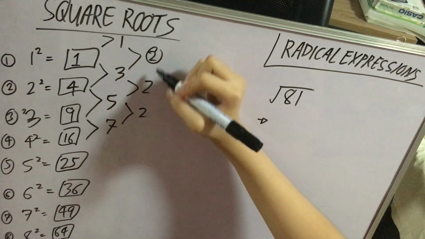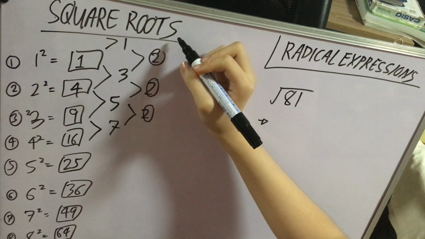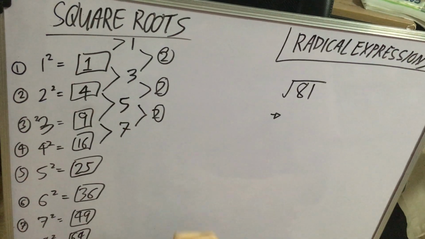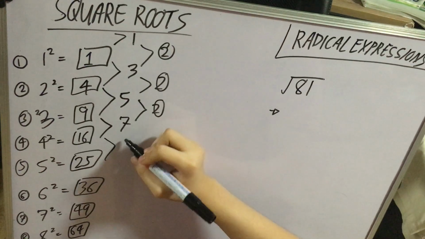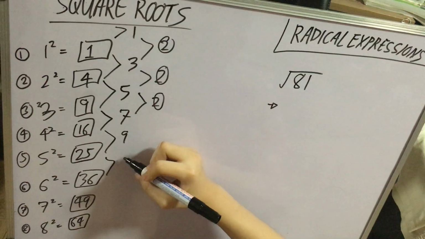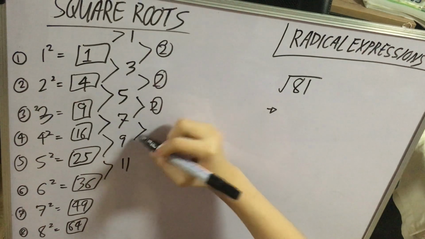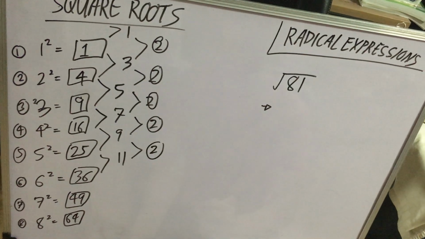So this proves that square roots are like these. It's just some logic we could talk about. Then 25 minus 16 would be 9. 36 minus 25 would be 11. As you see, as it goes longer, there's still an interval of 2.